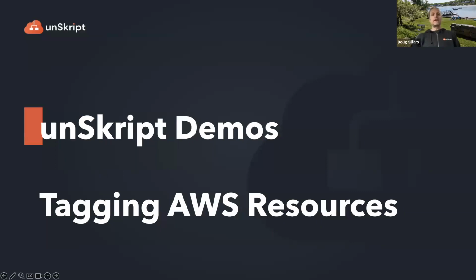Awesome. Thanks for the great introduction. So actually, tagging does have a little bit of a cost optimization bend to it. But when we're building stuff out in the cloud, we end up with tens, hundreds, even thousands of resources out at AWS.